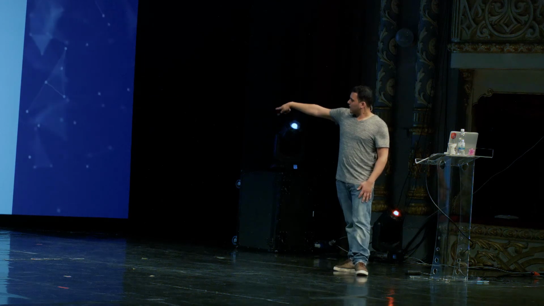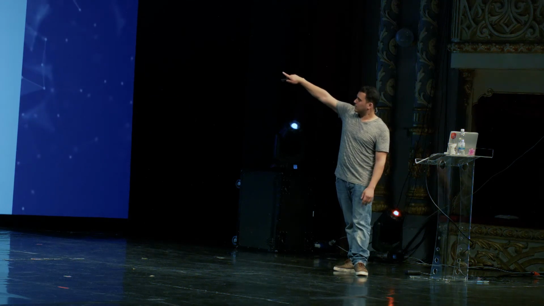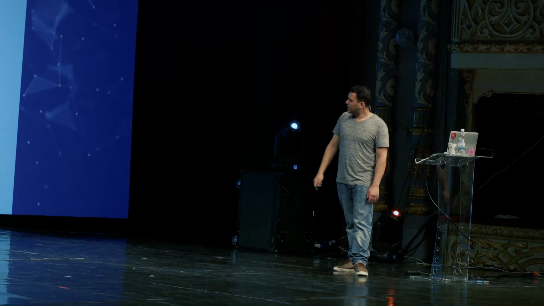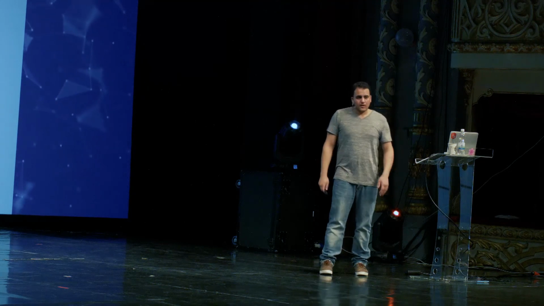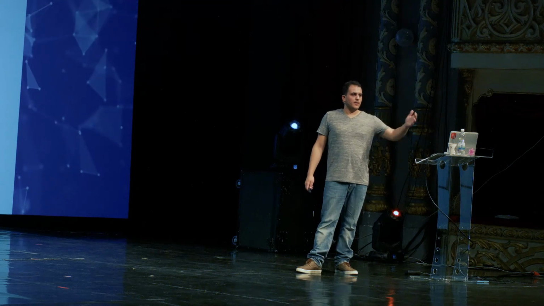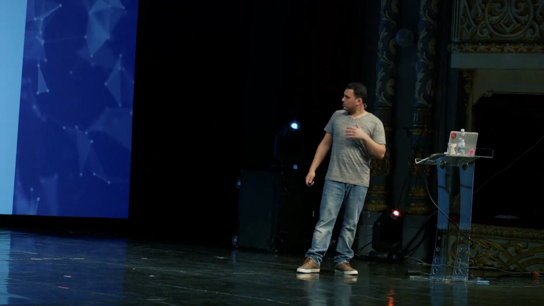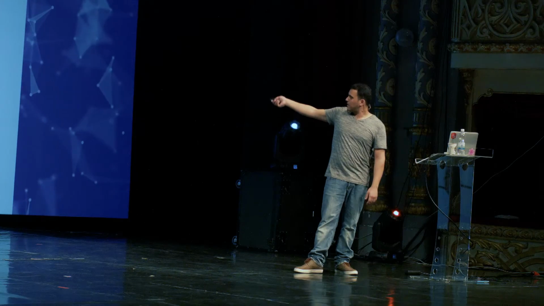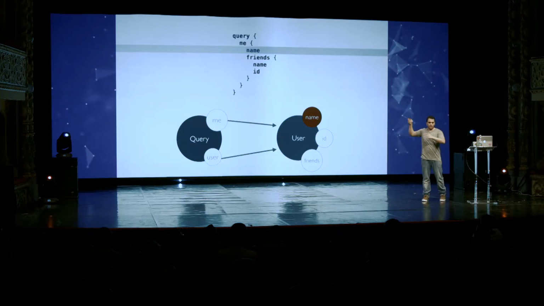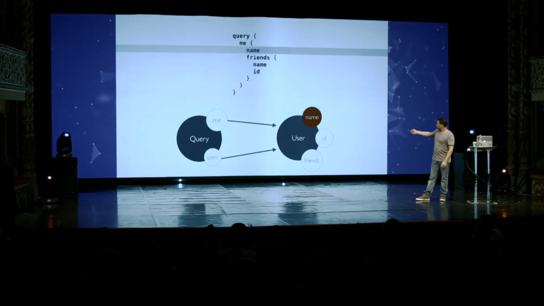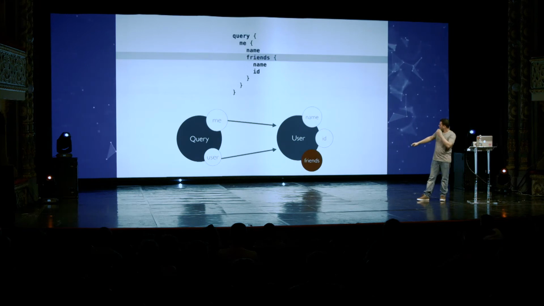And in order to get the fields that we need, starting with name, again, a GraphQL executor will run the name resolver to get the name and return it to the client. Next, our query looks for friends.